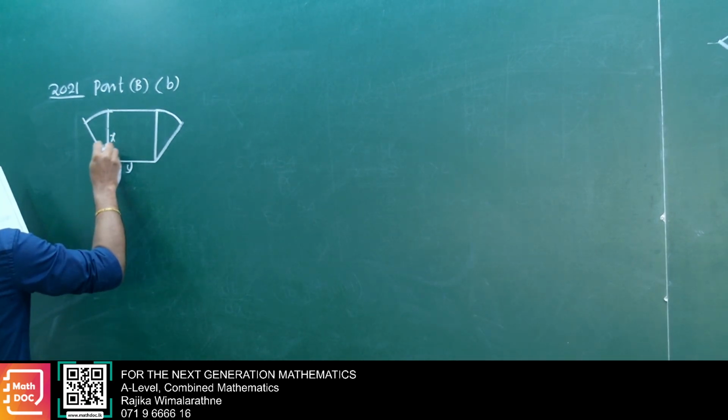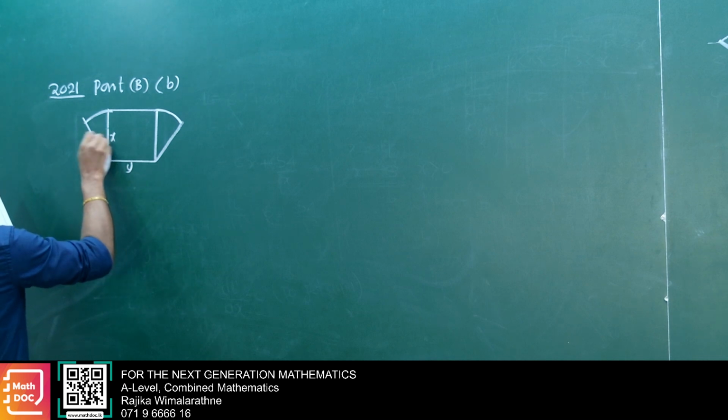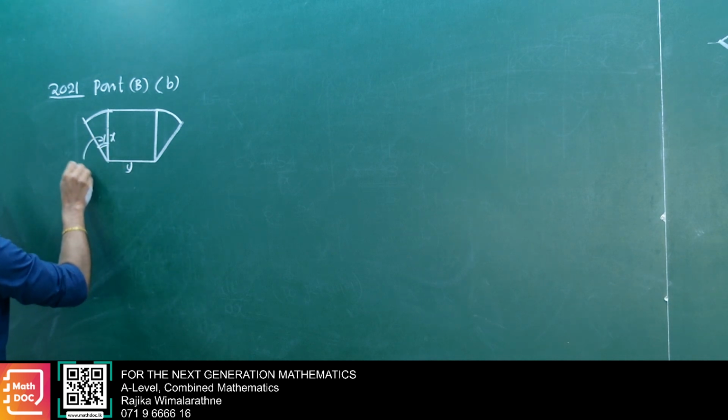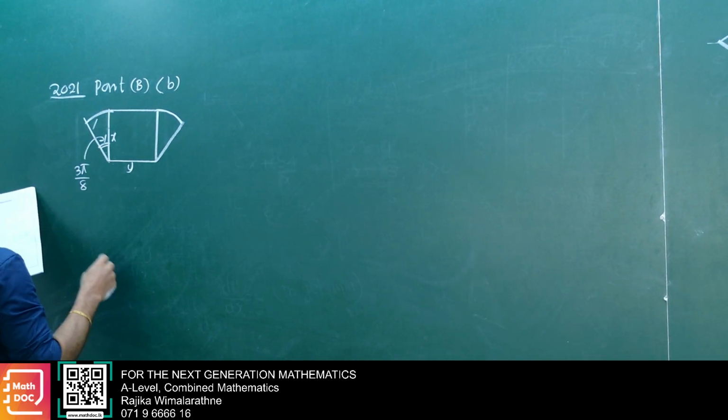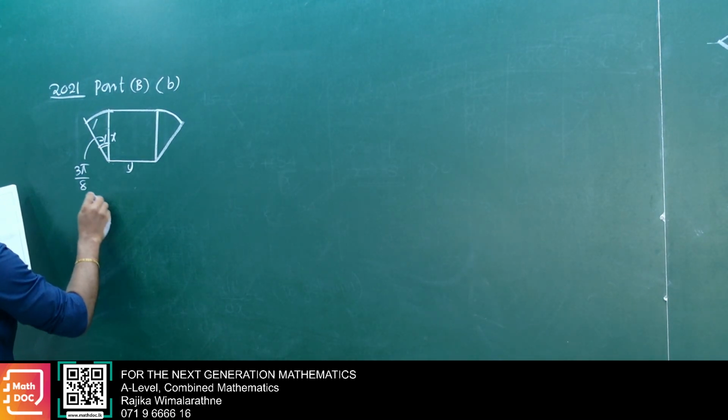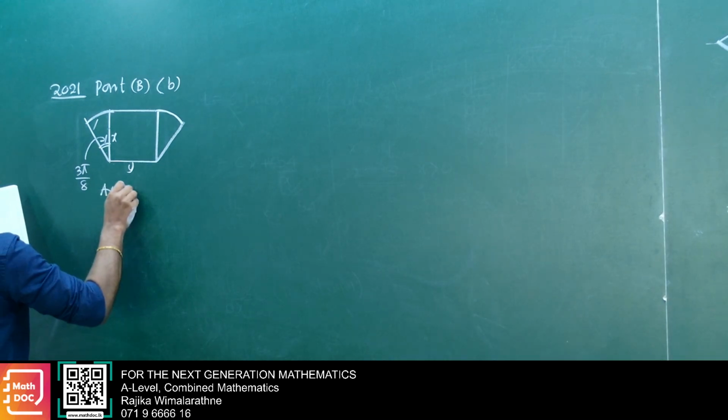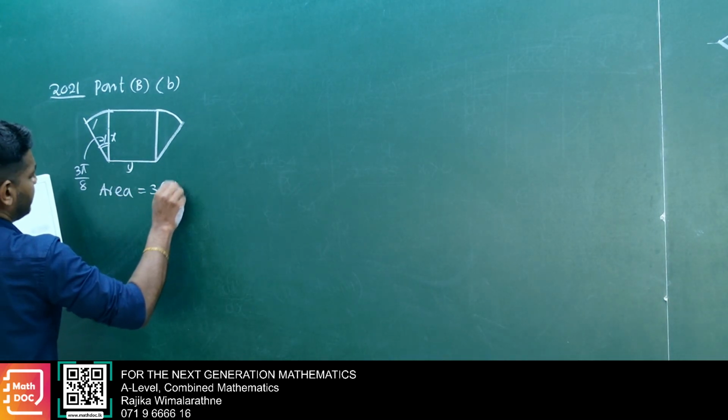Y and X are all given, the angle is 3 pi over 8, and the area is 36 square meters.